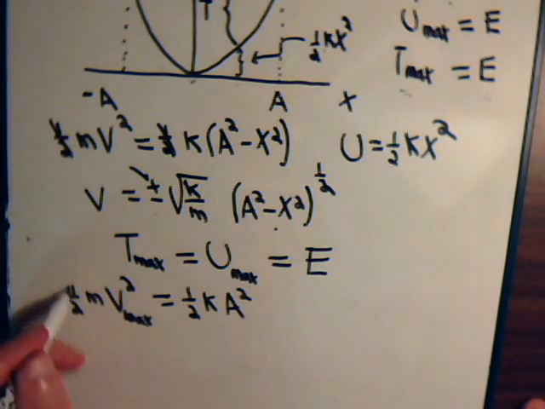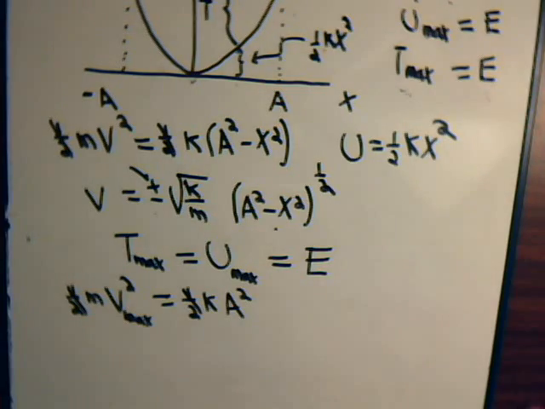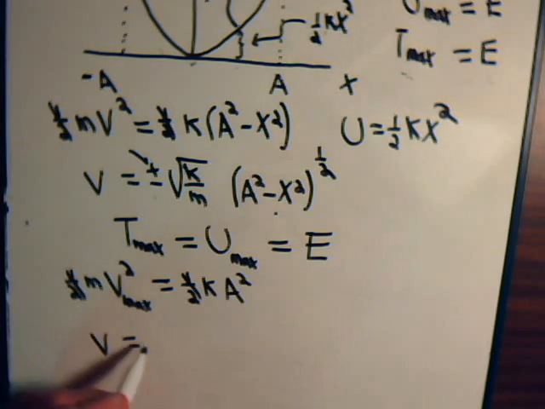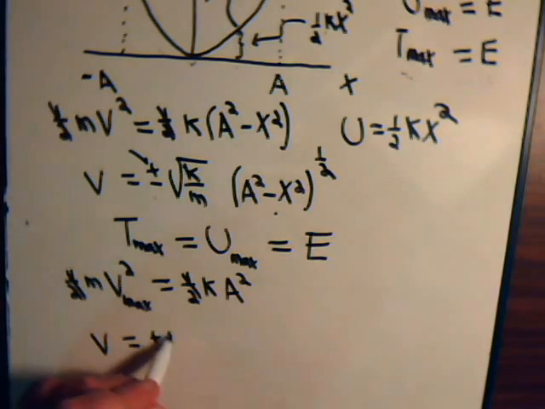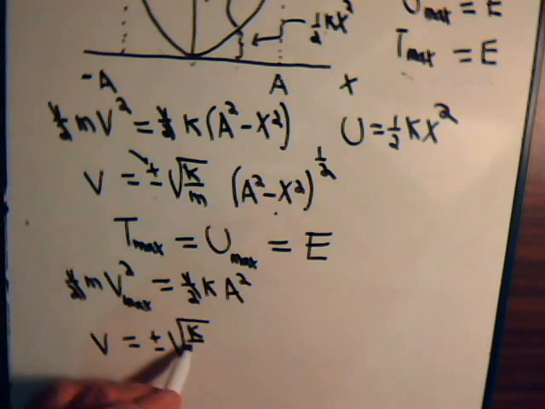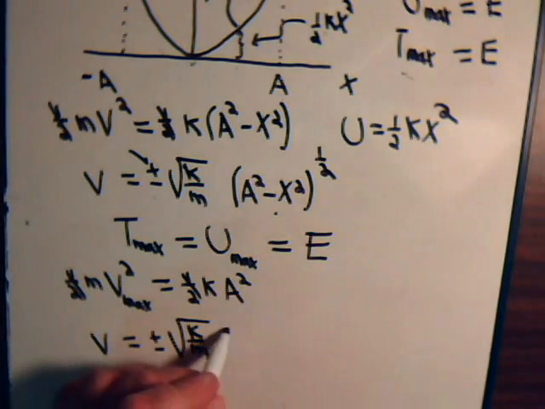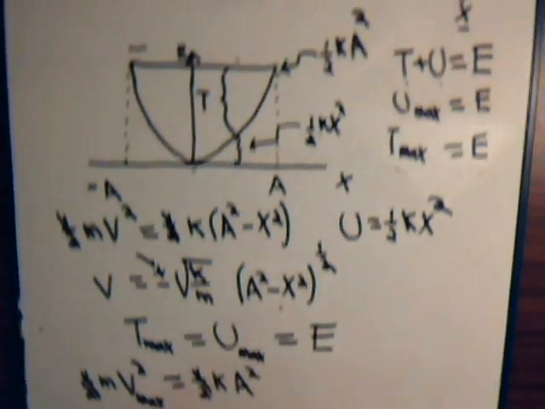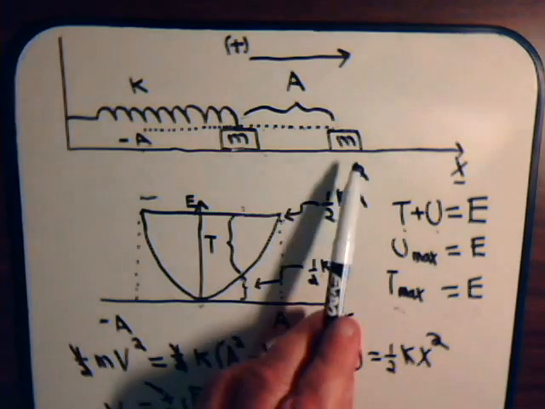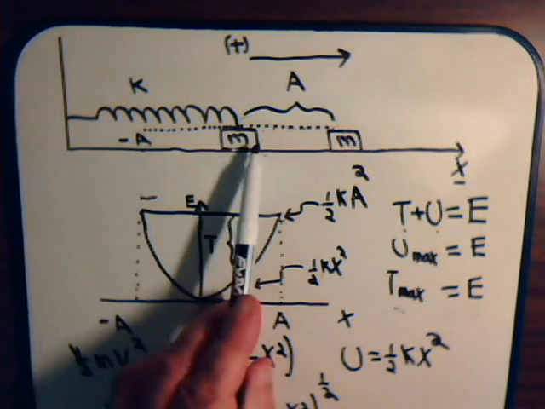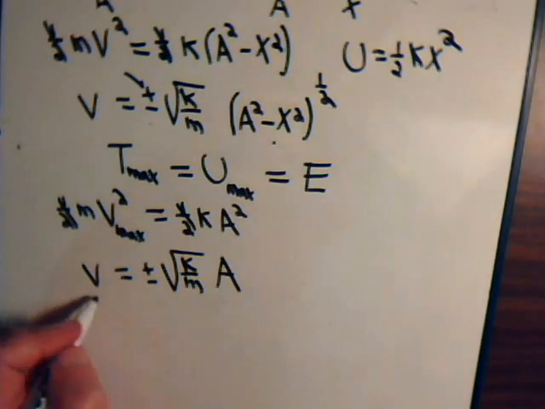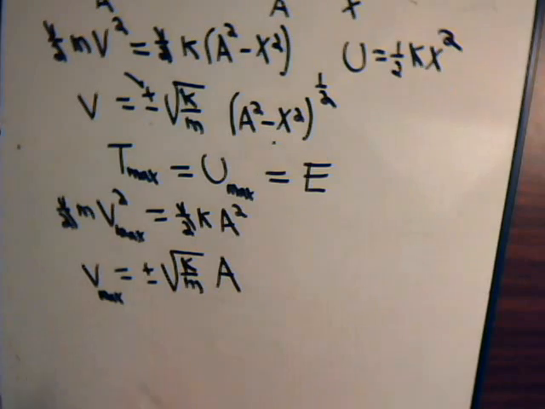So from this, we'd get that the maximum velocity of the block equals plus or minus the square root of k over m times a. And again, the plus or the minus means whether we're going in this direction or whether it's moving in that direction. But that's one way of expressing the maximum velocity for the block.